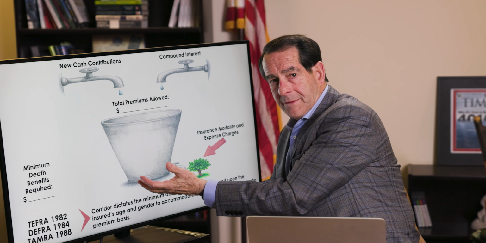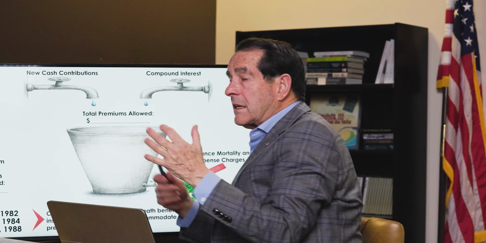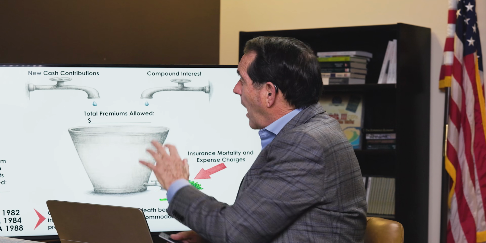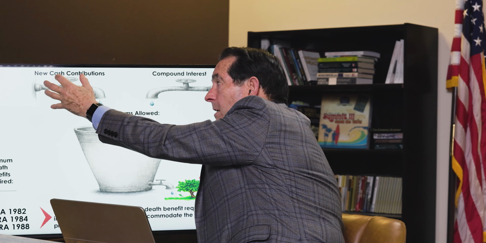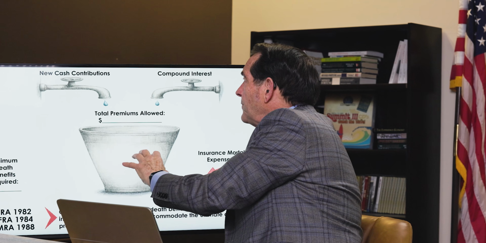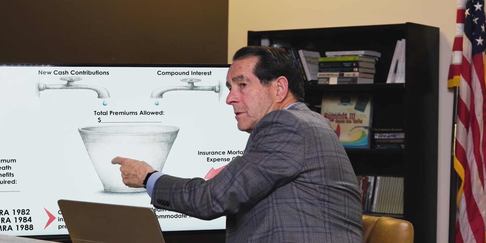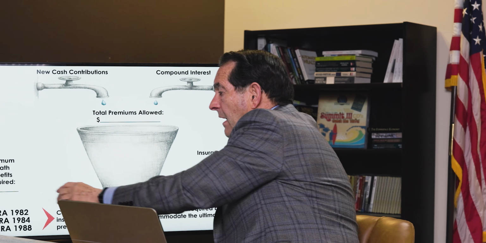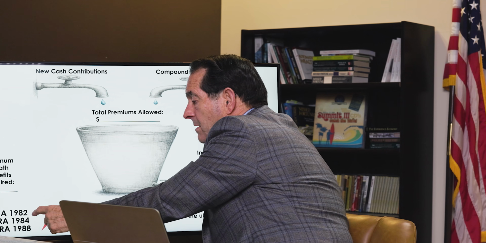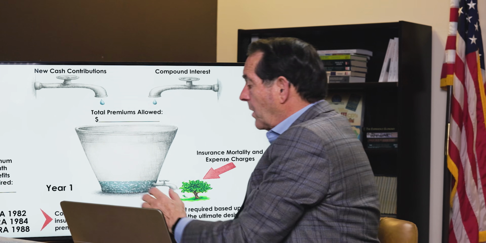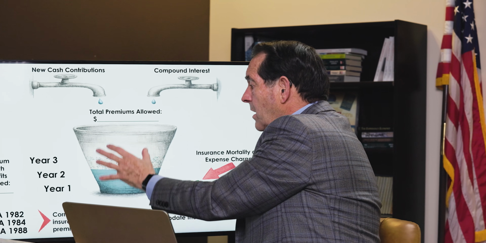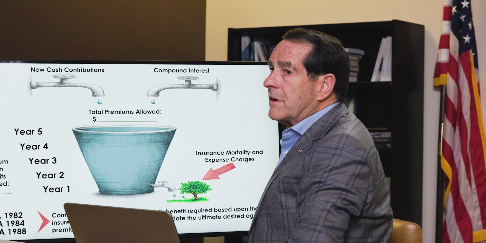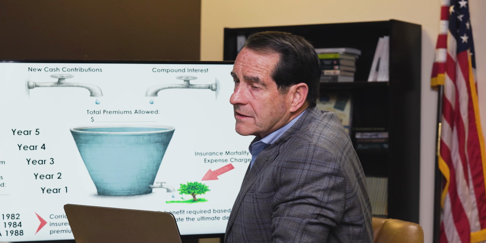If I have a bucket, and this is a life insurance policy, an IUL, I want to be grandfathered, so to speak, to be able to put in X amount of money. I want all my compound interest to be tax-free, and I have to have a minimum death benefit based on TEFRA and DEFRA. And under TAMRA, I might only be able to put in $100,000 a year before I get my $500,000 in there, if I'm using that as an example.